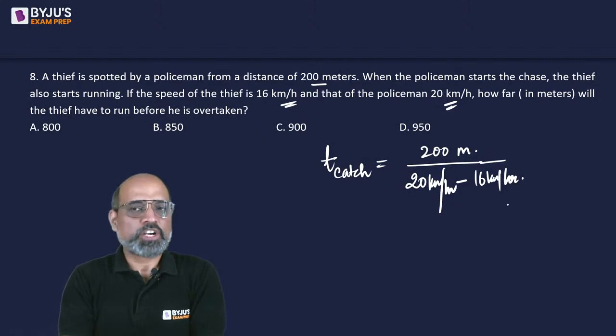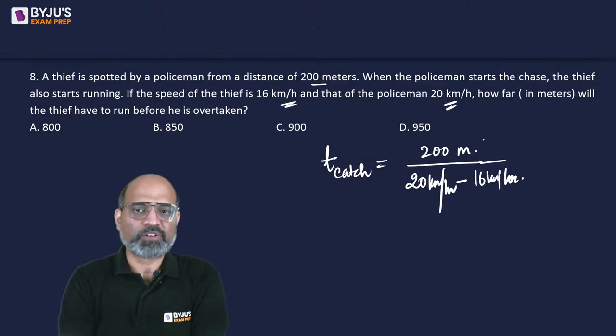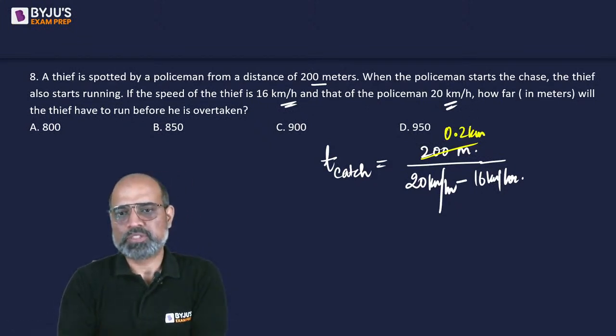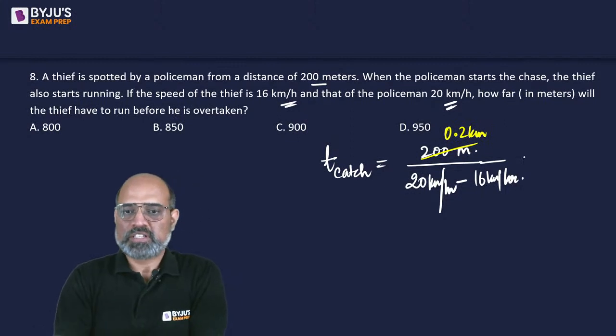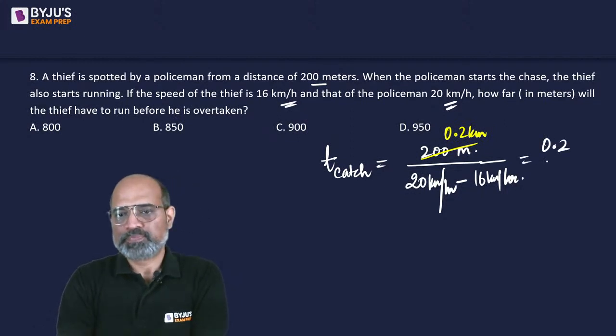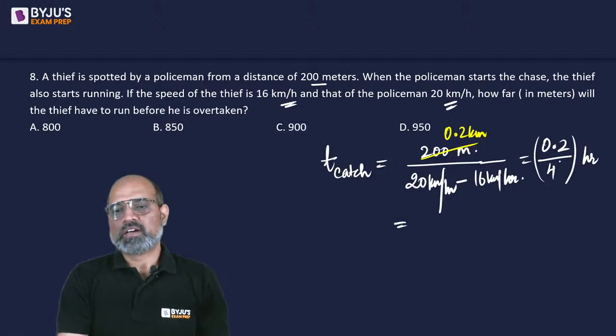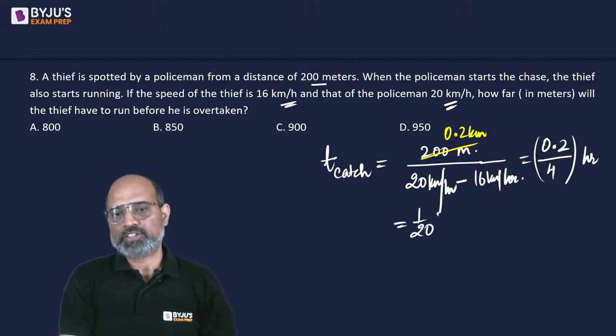So अभी आप देखोगे denominator में किलोमीटर वाला term है and the numerator has meters. So let's convert this into kilometers. So instead of 200 meters, let's write 0.2 kilometers. So this is going to give us 0.2 divided by 20 minus 16, which is 4, hours, जो हमें दे देगा 2 by 40 or 1/20th of an hour.